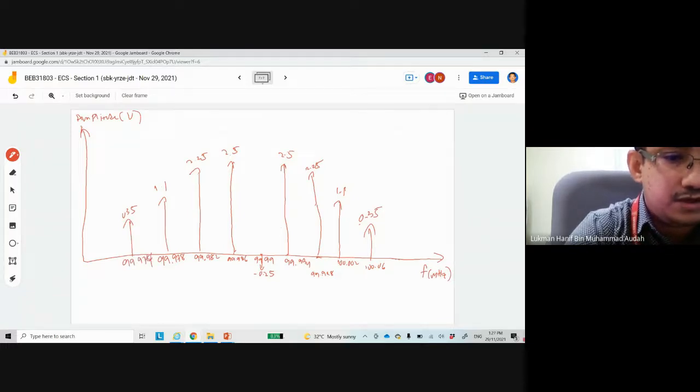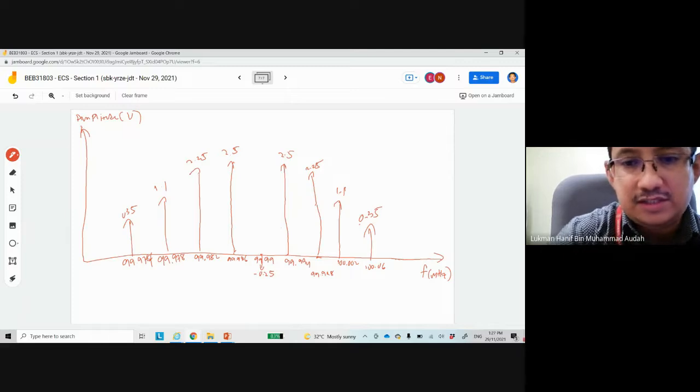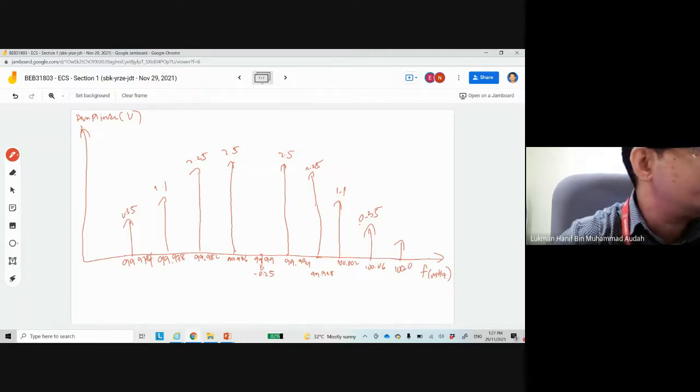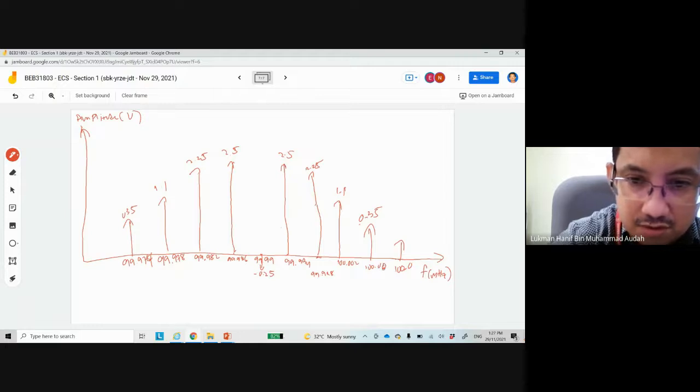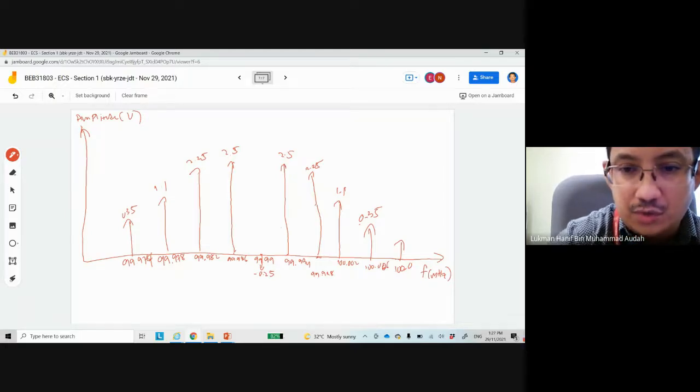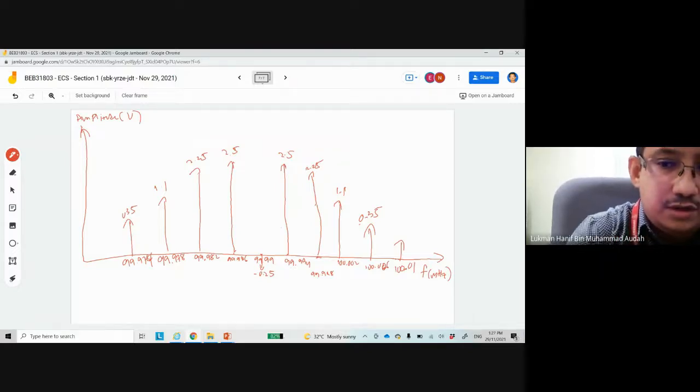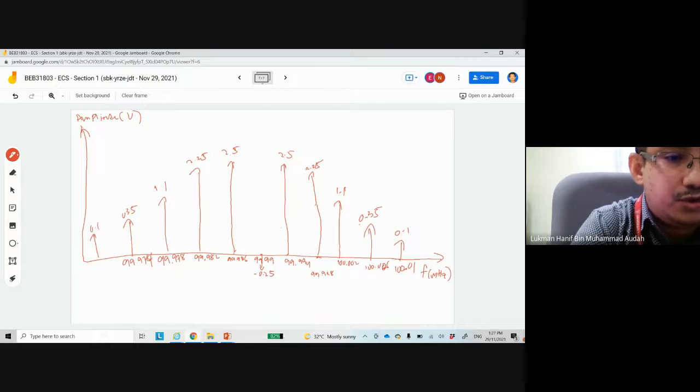And then the last sideband located at 100.01. So over here, the amplitude is 0.1 volt, and over here is 0.1 volt, located at 99.970.